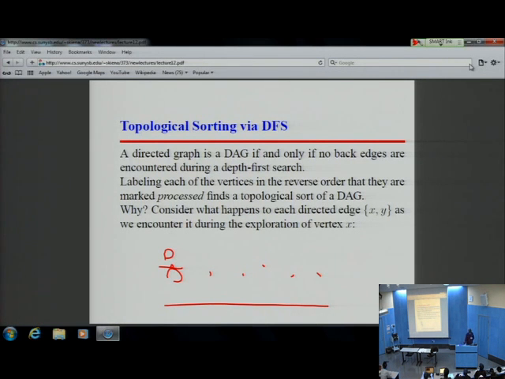Further, let's think about it. If I have a graph here, what does this say? Every directed acyclic graph has a topological sort. This is a statement that is true. In any topological sort, the leftmost vertex has to have in-degree 0.